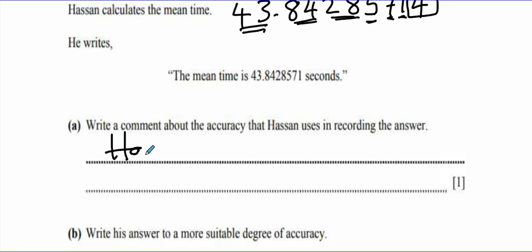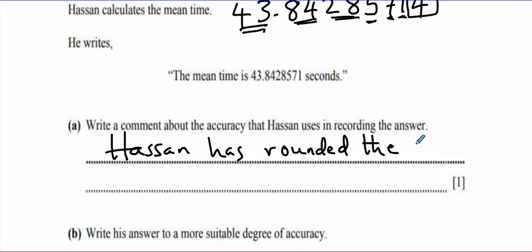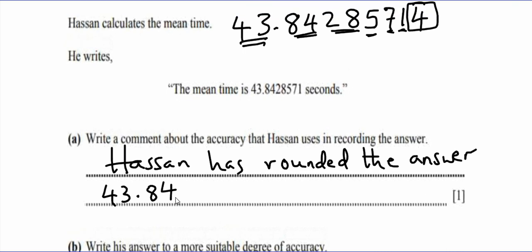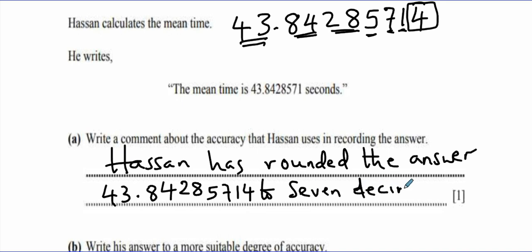So Hassan has rounded the answer 43.84285714 to 7 decimal places.